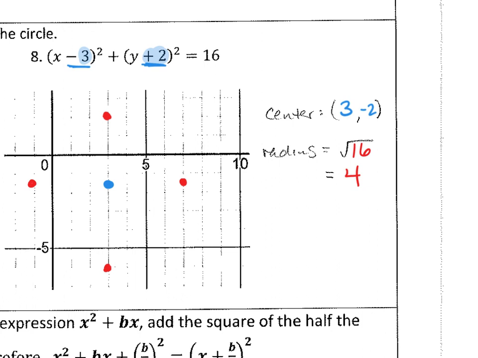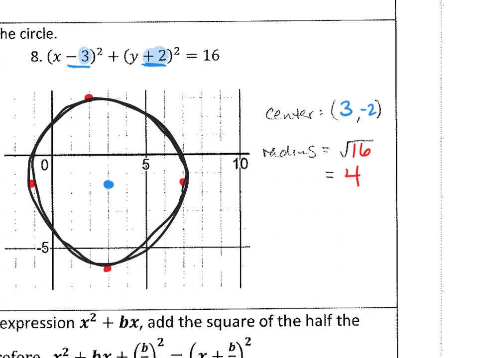Sorry, this is really not a good print for you guys. I should have pressed the darker. Oh, it's better on your copy than on mine. And once we have it here, you do draw. Did I make one too big? Yeah, that looks weird. There we go. Oh, wrong color. Then you draw your circle, which again is not my strength, so you be better than me. Boom, we have our circle.